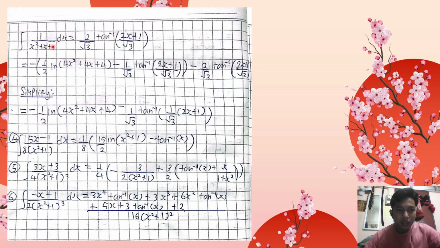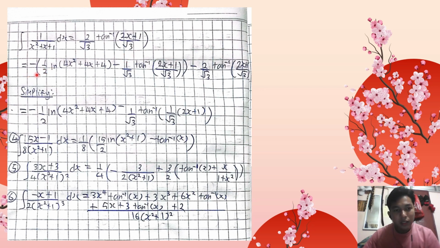Next, the integral of 1 over x squared plus x plus 1 dx we can get as 2 over square root 3 arctangent of (2x plus 1) over square root 3.